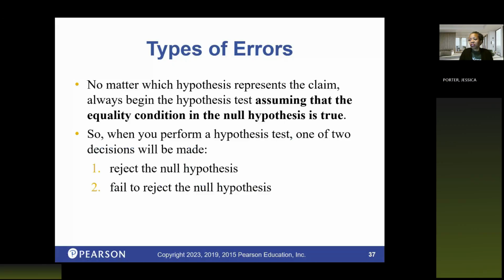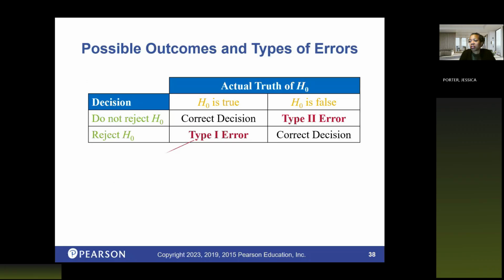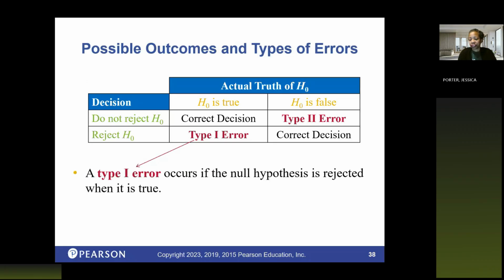All right. When you perform a hypothesis test, one of two decisions can be made. You can reject the null hypothesis, or you can fail to reject the null hypothesis. And that's what we'll talk about here next. Well, we're going to talk about errors first.